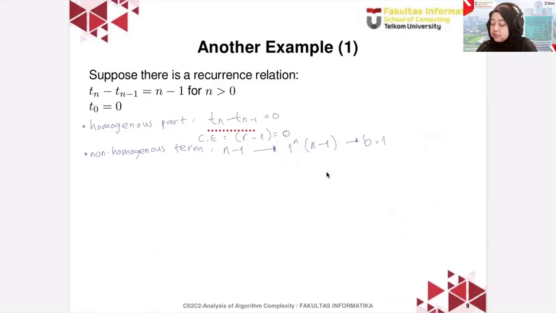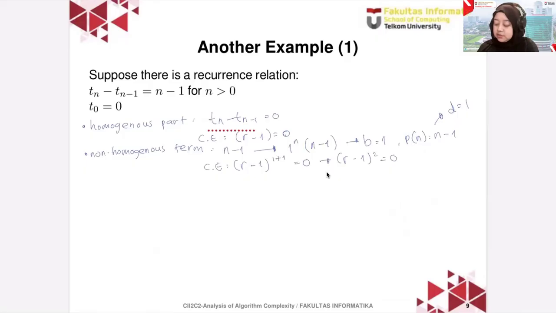So we have b equals 1, and the polynomial we have is n minus 1, such that d, the degree of the polynomial, is 1. So from here, the characteristic equation we have will be r minus b, which is 1, to the d plus 1 equals 0, or we can write it as r minus 1 squared equals 0.